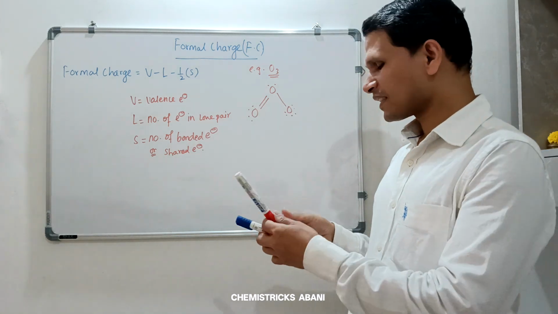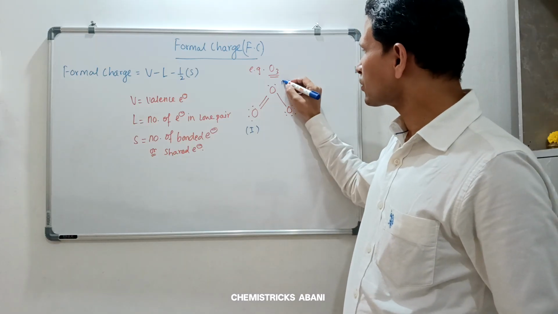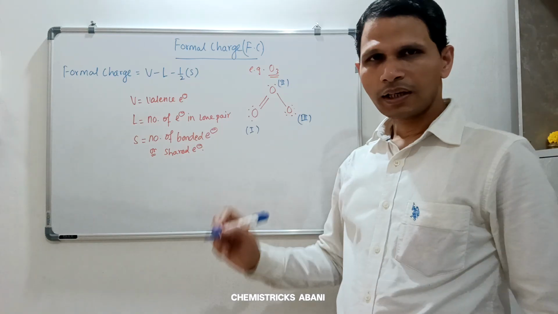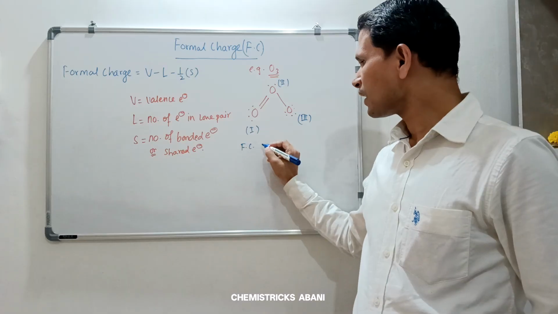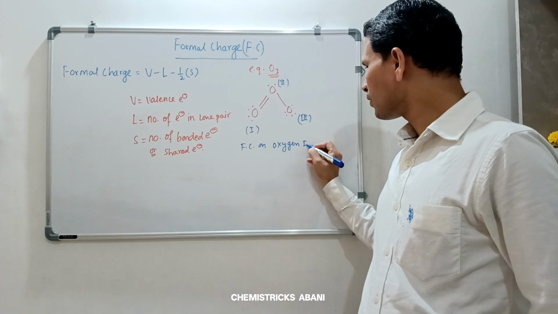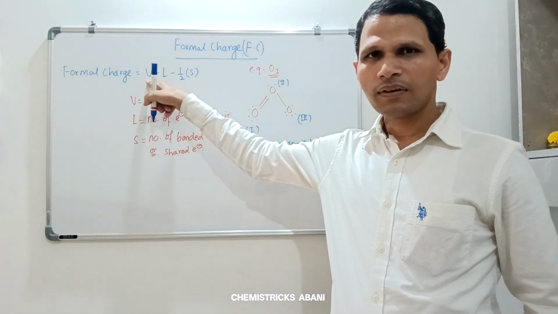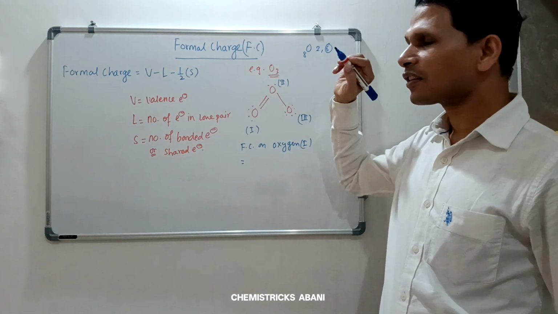So first we need to assign this as oxygen number 1, this is oxygen number 2, and this is oxygen number 3. Say formal charge on oxygen 1. In our formula V is the number of valence electrons; oxygen has atomic number 8, so there are 6 valence electrons in oxygen.